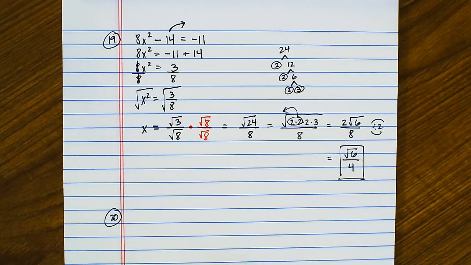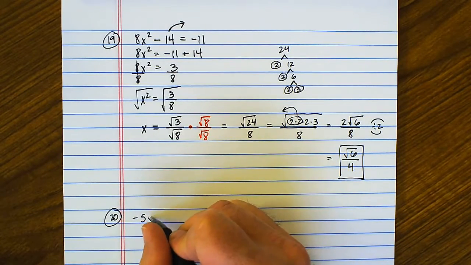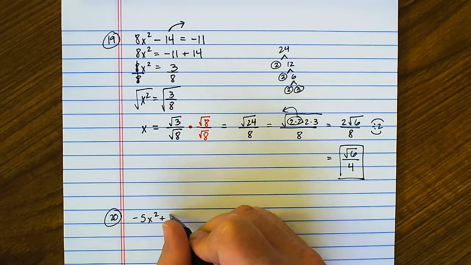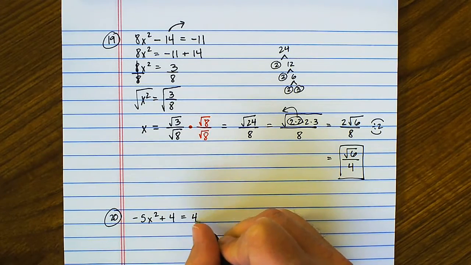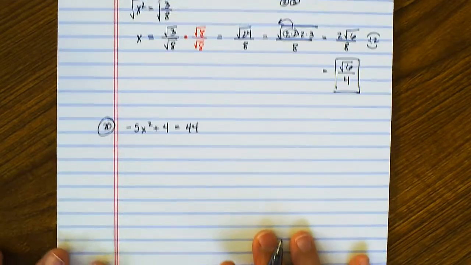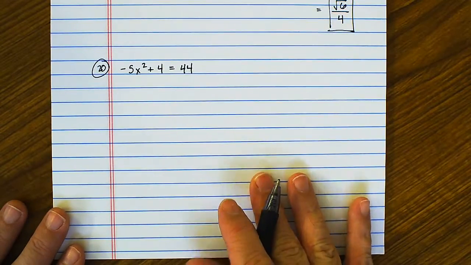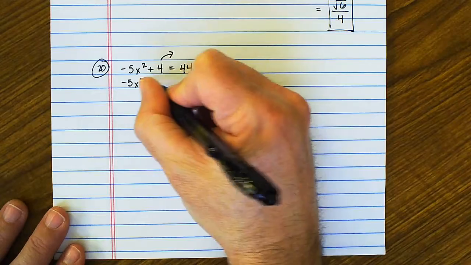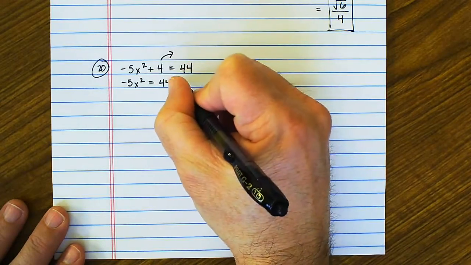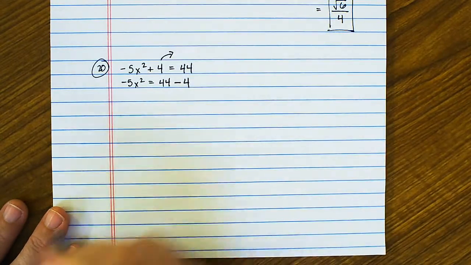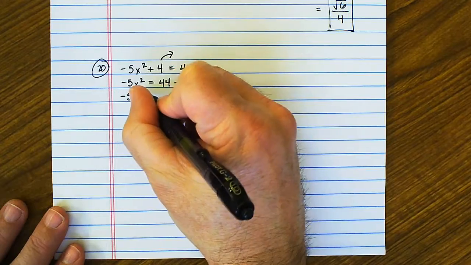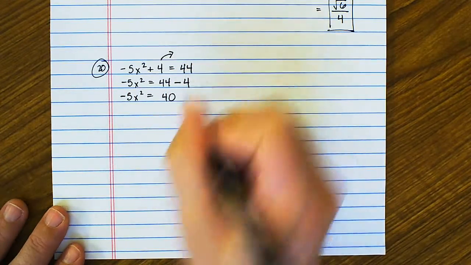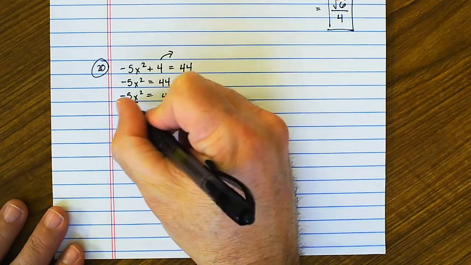20 is negative 5x squared plus 4 equals 44. No b because I have no x, so I bring that over, which gives me negative 5x squared equals 44 minus 4. Negative 5x squared equals 40.